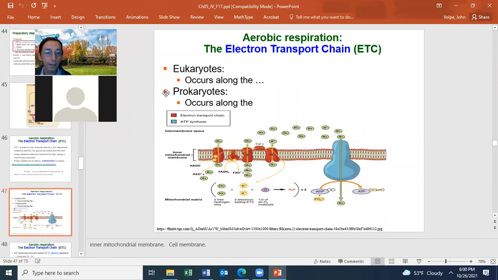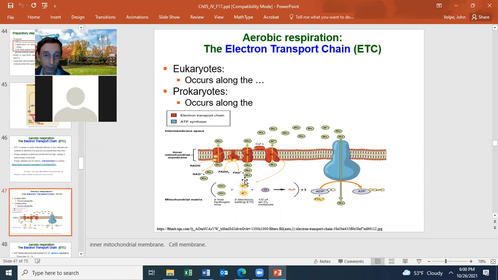So in eukaryotes, the electron transport chain occurs along the inner mitochondrial membrane. So this right here is where the electron transport chain occurs, and it's the inner mitochondrial membrane.